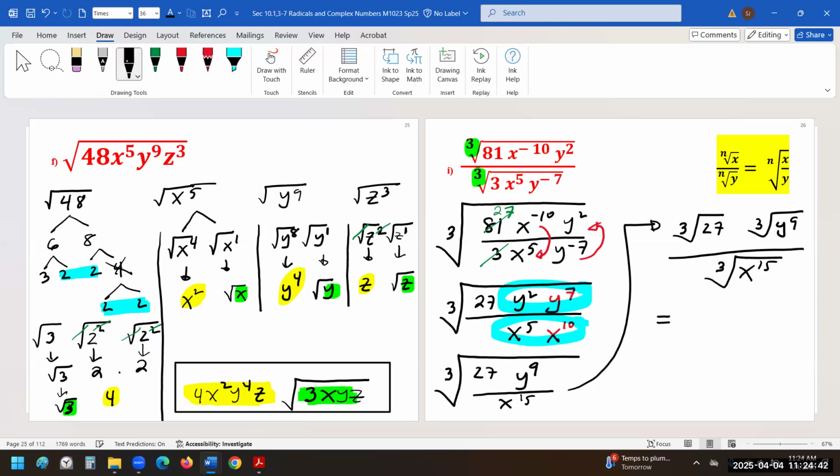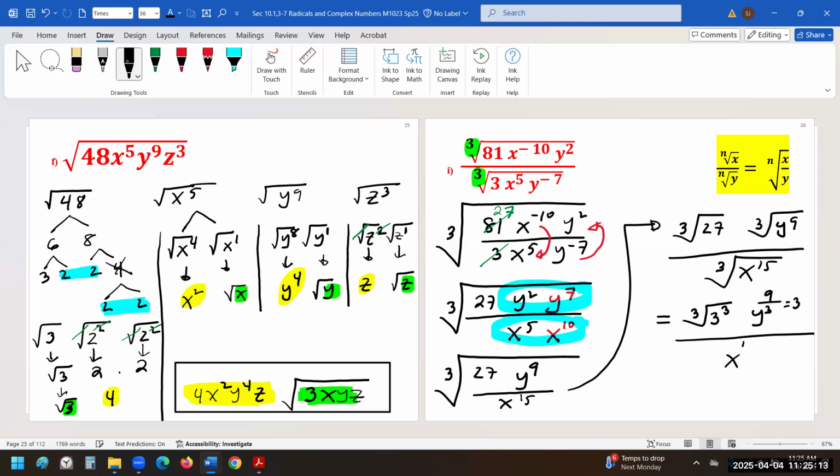Now, do we know what is cube root of 27? Can you write 27 with some number 3 times? 3. So cube root of 27 is cube root of 3 cubed. Can we divide 9 by 3? How many times? 3.